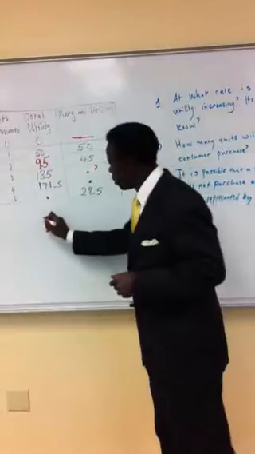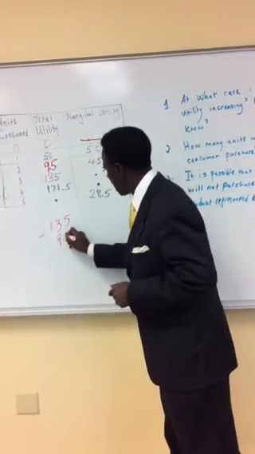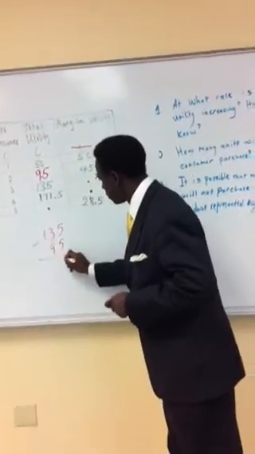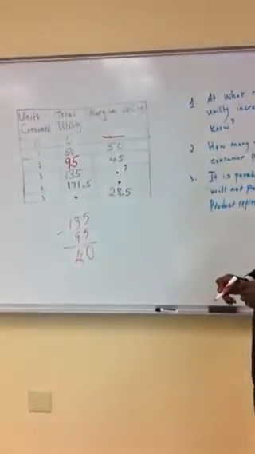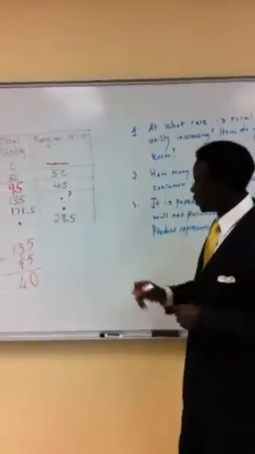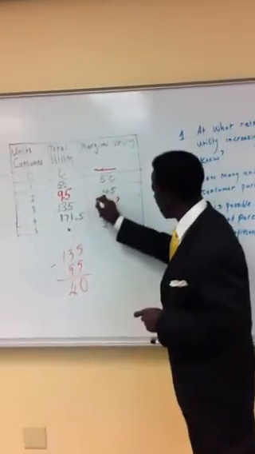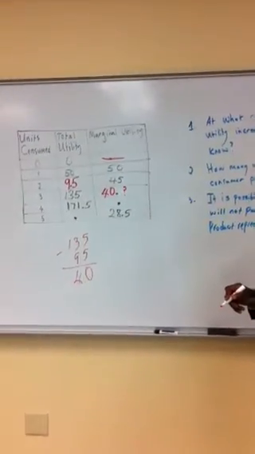So if you take 135 minus 95, that's going to give you 40. So therefore the marginal utility here will be 40.